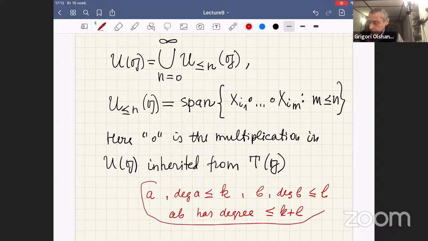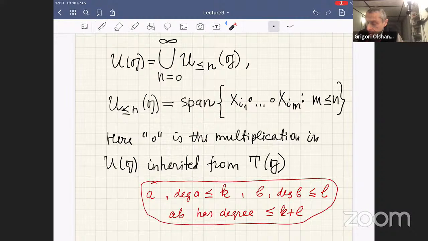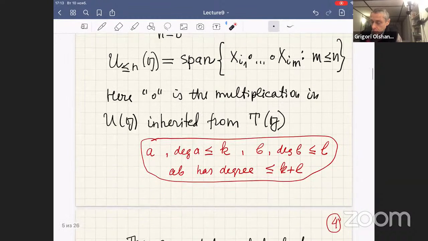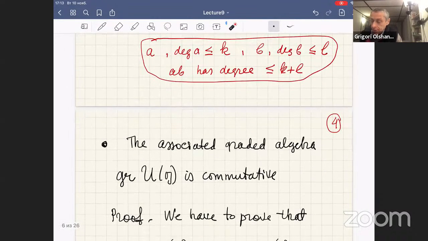So this just means that this structure, this filtration, is compatible with multiplication. So it is very important for us to have this property. And it enables us to introduce the associated graded algebra.